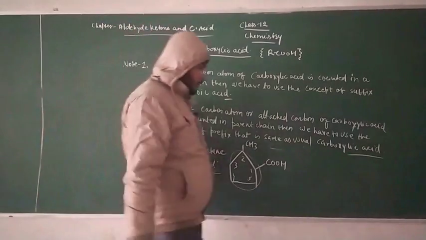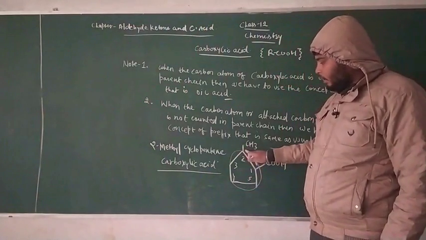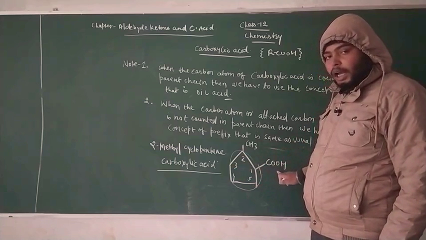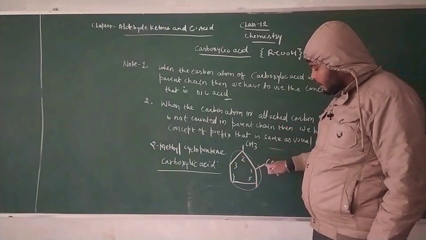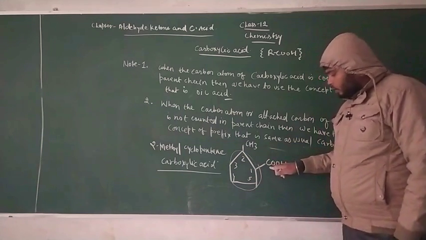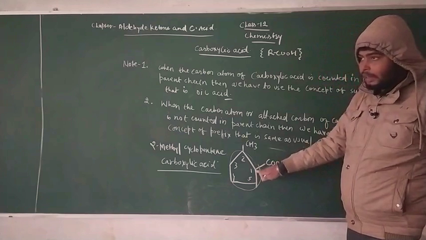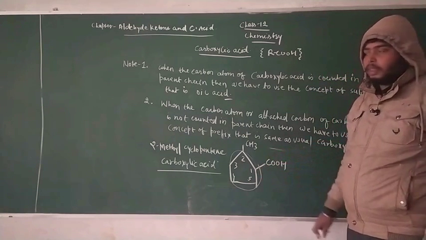The name of this organic compound is 2-methylcyclopentane carboxylic acid. We have to use the carboxylic acid ending because the carbon of this functional group of carboxylic acid is not counted in the parent chain. That's why we have to use this concept.